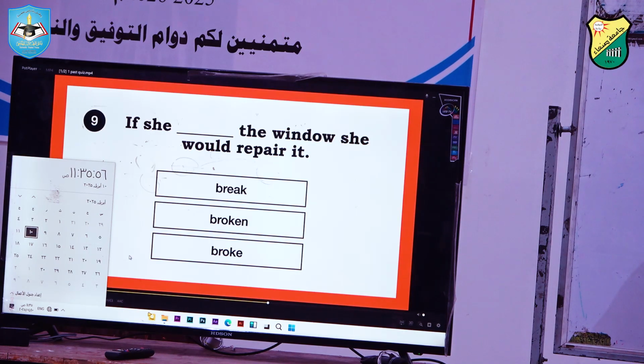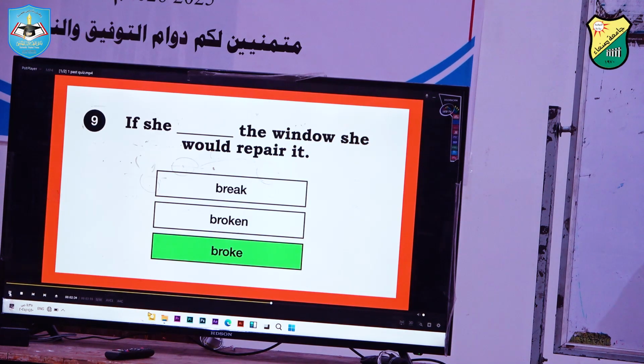She broke. Number 3. Okay, if she broke the window, she would repair it. If she broke, because you have would. I want to ask about something. Who broke the window? Why all the time after who do we use the past? Who broke? All the time in the answers.